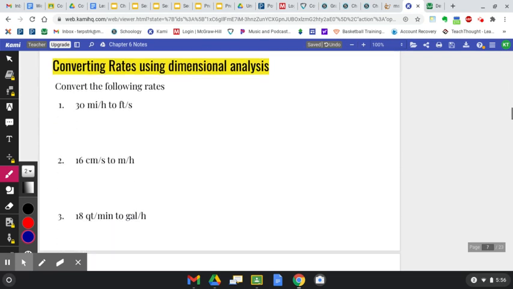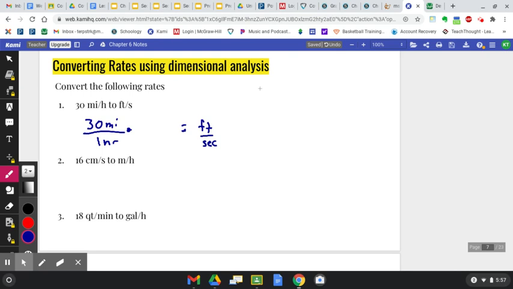All right, so another conversion of rates. And remember, this is called dimensional analysis when we have the different rates here. We want to go from 30 miles for 1 hour, and we want to find what that would be in feet per second. So what I have to do is find the conversion for miles and feet and hours and seconds.